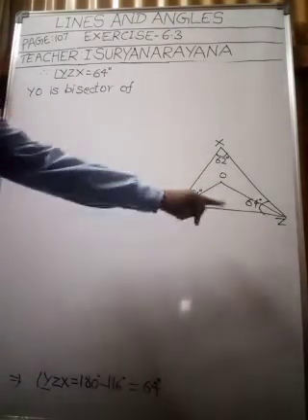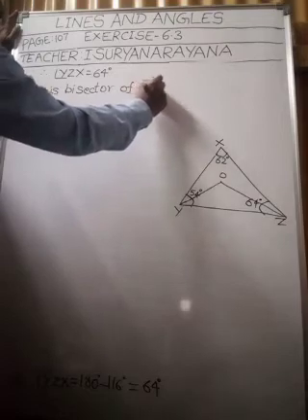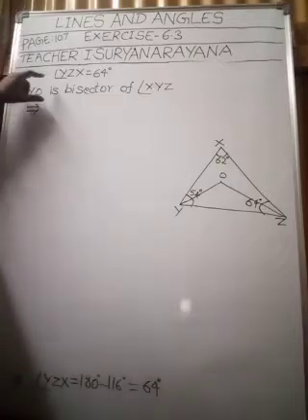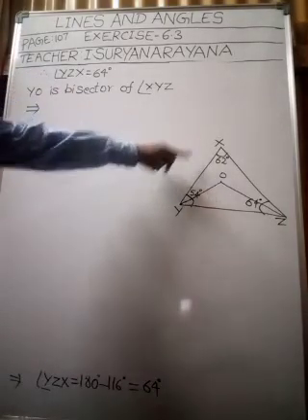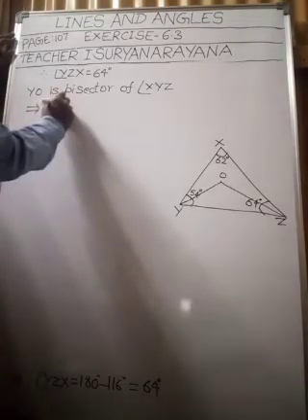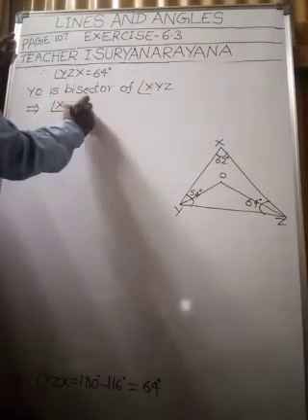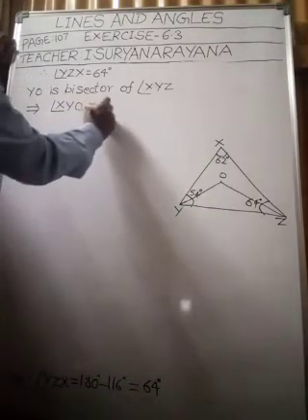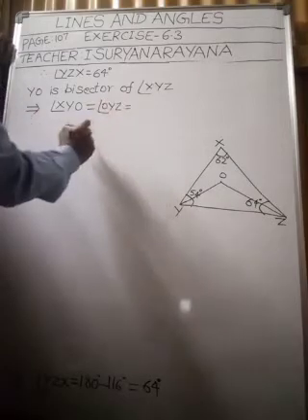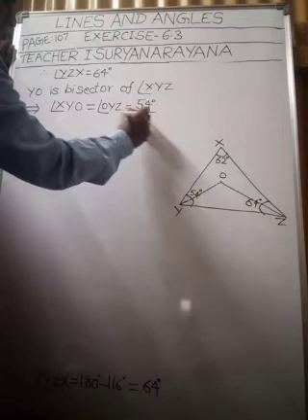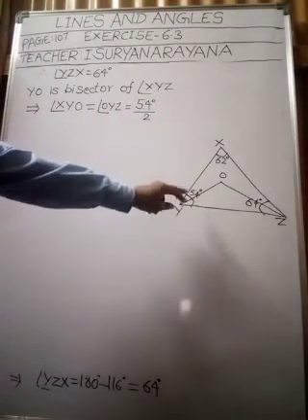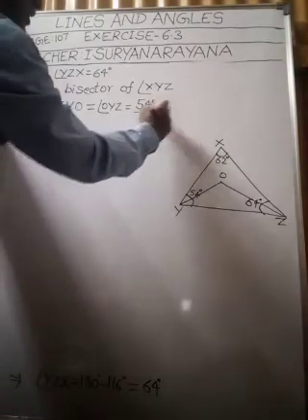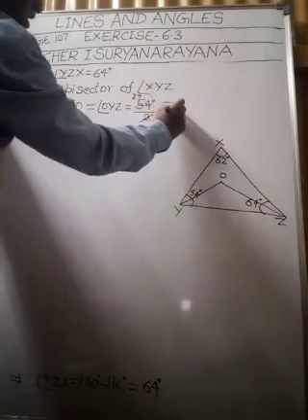YO is a bisector of angle XYZ. So by this sentence, what can you write? Angle XYO is equal to angle OYZ is equal to half of 54, because this entire angle is divided into two equal parts. Okay, my children, understood this step? Right. Half of 54 is 27.